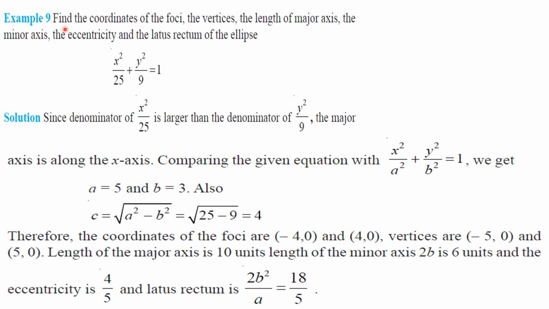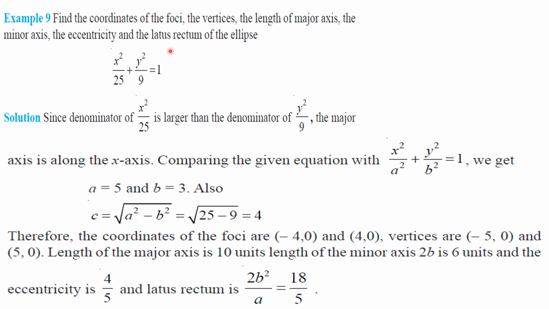Find the coordinates of the foci, the vertices, the length of the major axis, the minor axis, the eccentricity, and the latus rectum of the ellipse x square by 25 plus y square by 9 is equal to 1. Understood this question, my children?